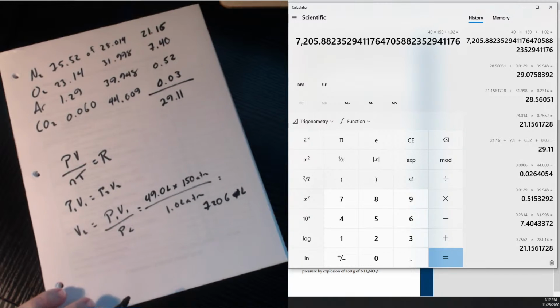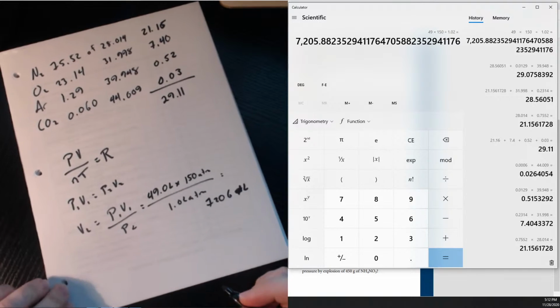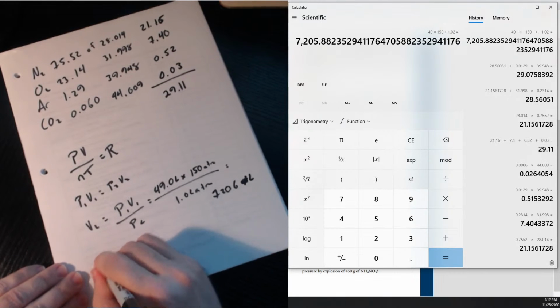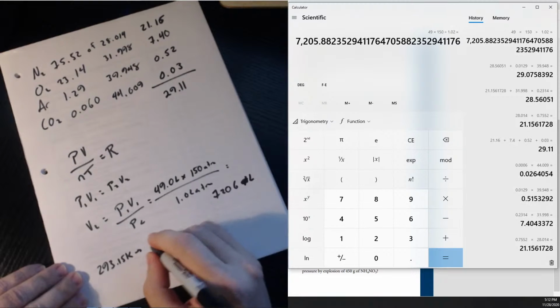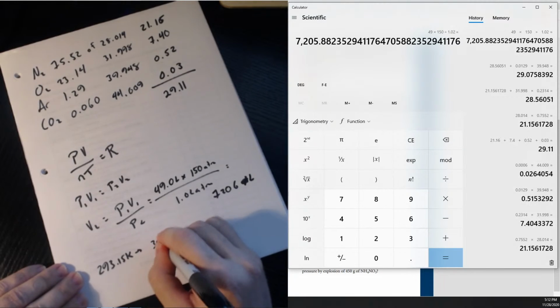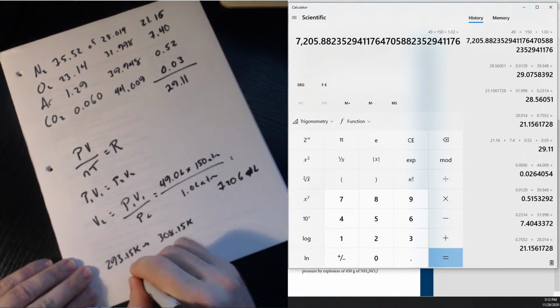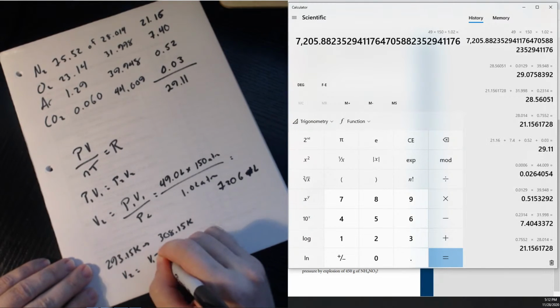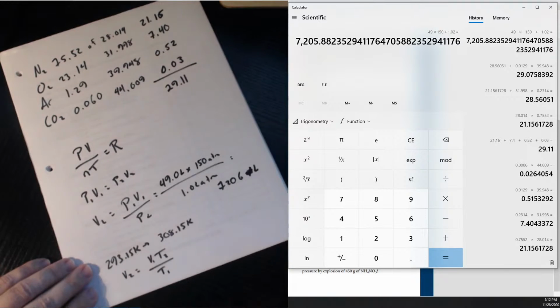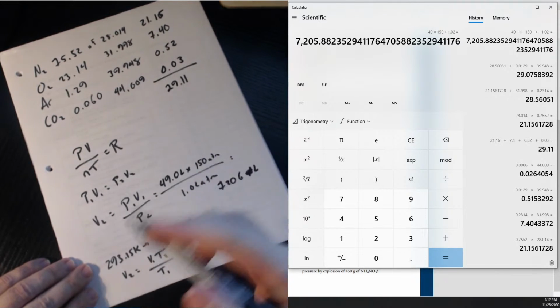If the temperature was raised from 20 to 35 degrees Celsius, ooh, that's a bad idea. That's going from 293.15 Kelvin to, going up by 15, 308.15 Kelvin. So V2 is equal to V1 T2 over T1, since V1 over T1 equals V2 over T2.